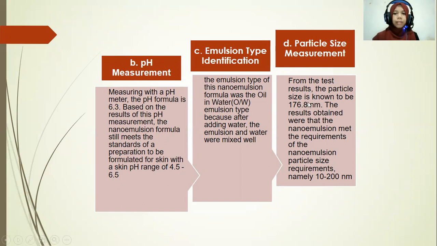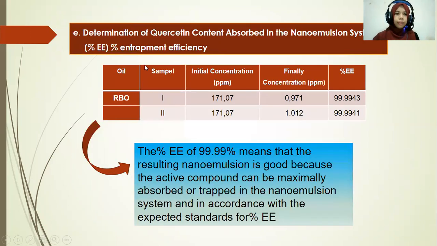The result is known to be 176.8 nanometer. And for entrapment efficiency, we get 90.99. This is good because the active compound can be maximally absorbed or trapped in the nano-emulsion system.